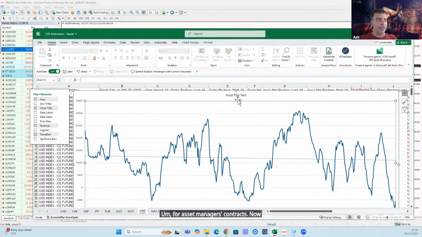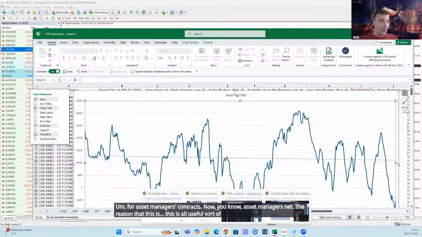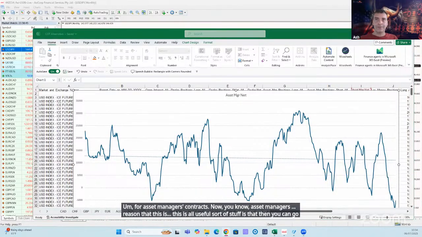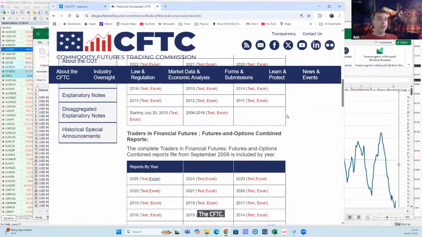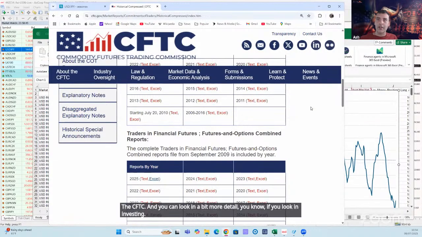Now, asset managers net. The reason that this is all useful is that you can go to the CFTC and you can look in a bit more detail. If you look in investing.com, it's just going to tell you the asset managers.